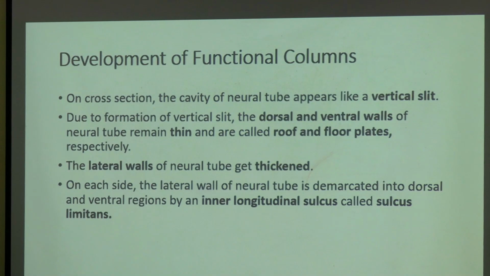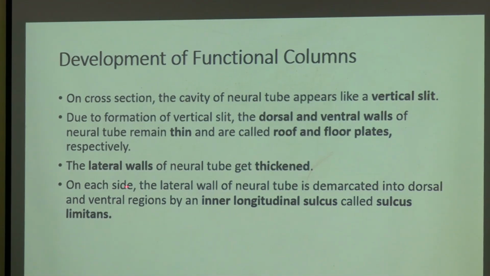Development of the functional components of the spinal cord. On cross section, the cavity of the neural tube appears like a vertical slit. Due to the formation of this vertical slit, the dorsal and ventral walls of the neural tube remain thin and are called the roof plate and floor plate respectively. The lateral walls of the neural tube get thickened.